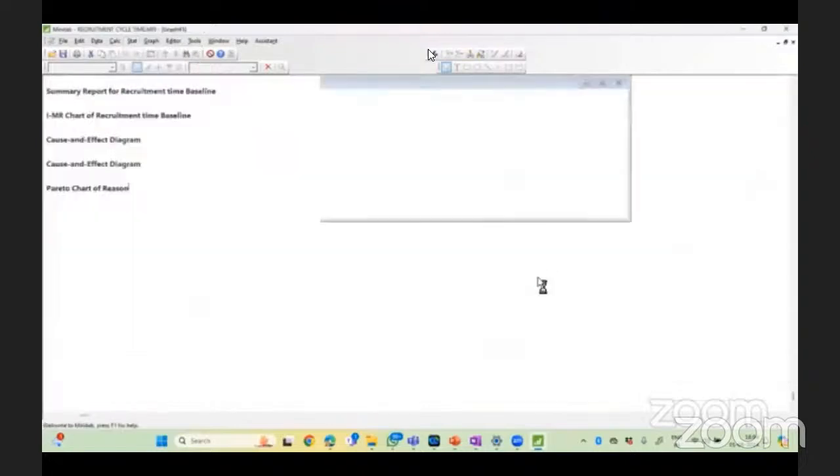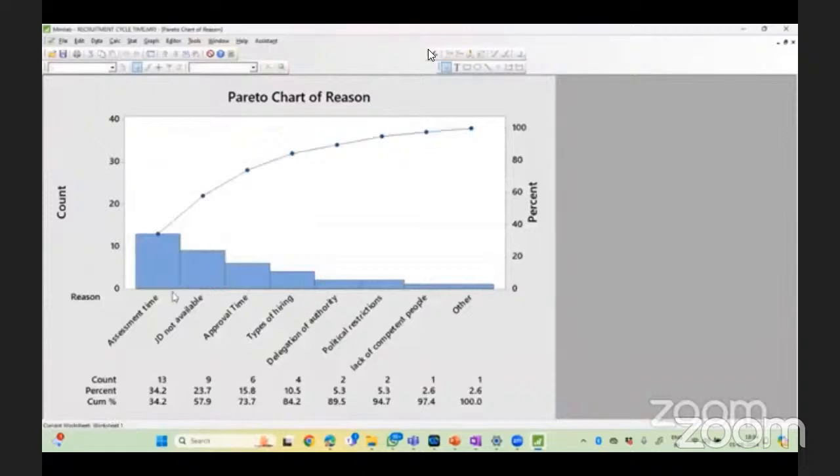And it will give you the Pareto saying that, well, assessment time is appearing 13 times. Job description not available is appearing 9 times. And percentage-wise, the assessment time is contributing 34%. Job description not available is contributing 23%. And approval time is contributing, let's say, 15%.